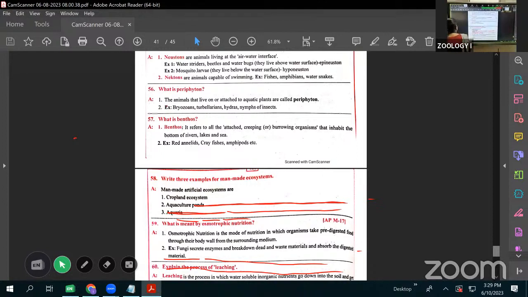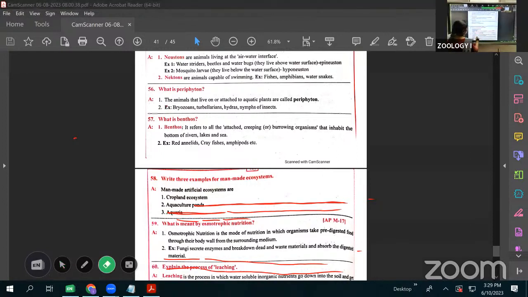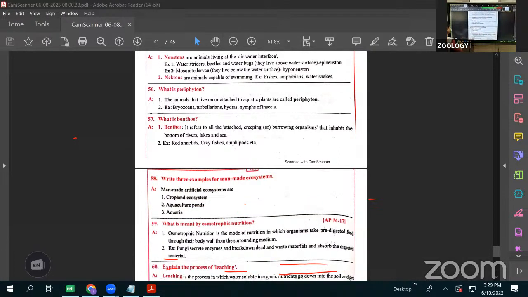Next one is osmotropic nutrition. What is osmotropic nutrition? It is the mode of nutrition in which organisms take pre-digested food through the body walls. Already digested food is taken; they just absorb the digested food.